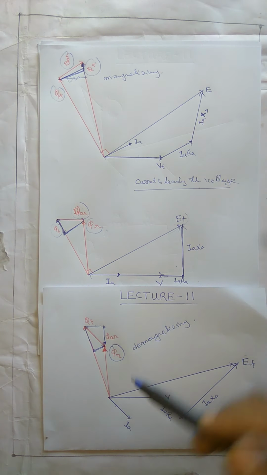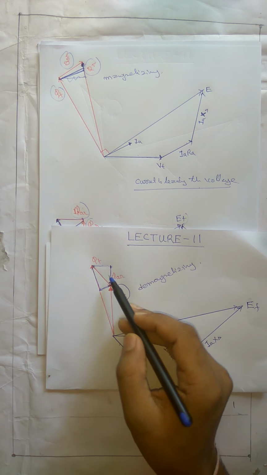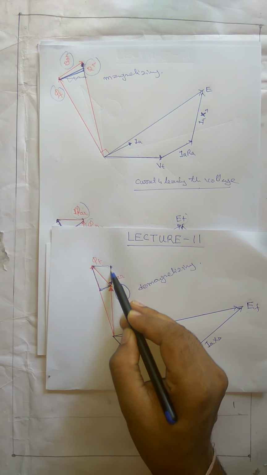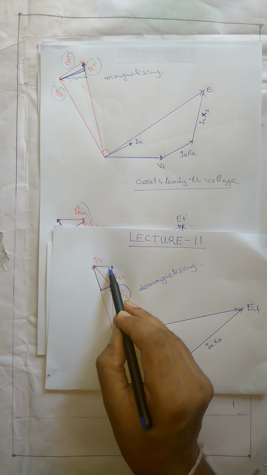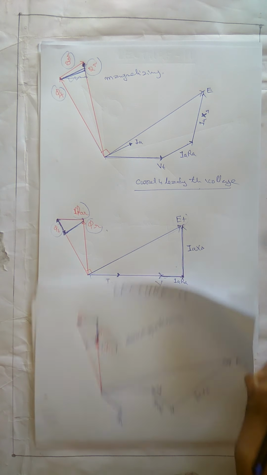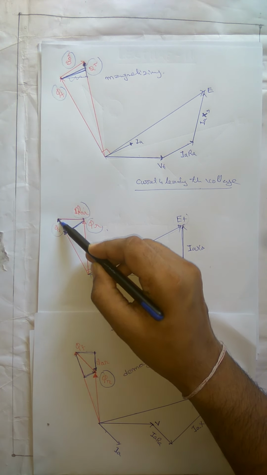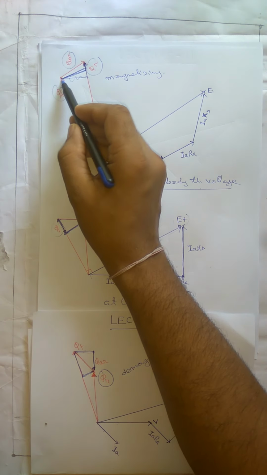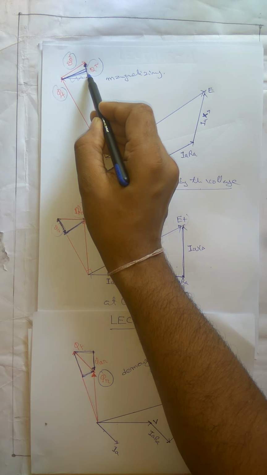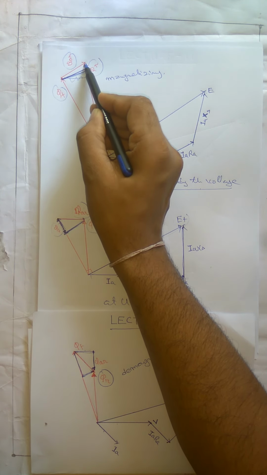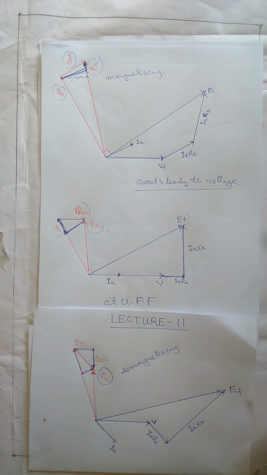Here this much is the demagnetizing component, this much is the cross magnetizing component. Here this much is the cross magnetizing component, this much is the demagnetizing component. Here this much is the cross magnetizing component and this much is the magnetizing component.